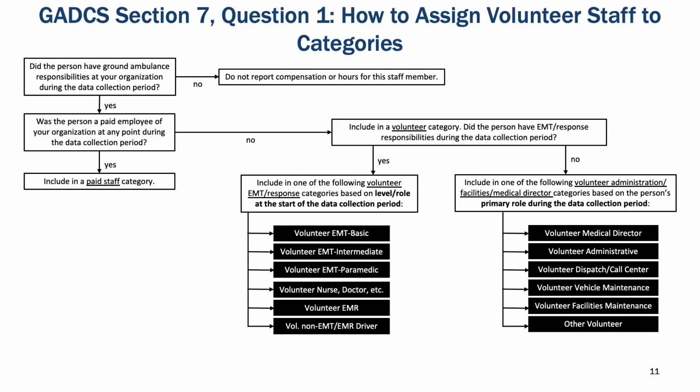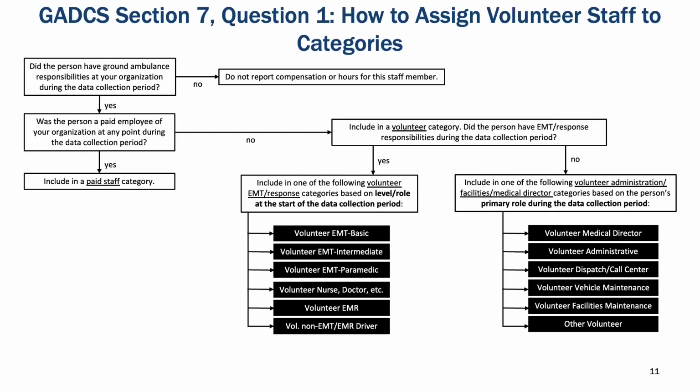Here, we focus exclusively on decisions that affect whether you'll categorize staff into one of the volunteer labor categories. The instructions can be simplified into 4 main questions. First, does the staff member have ground ambulance responsibilities at your organization? If no, do not include them in reporting.